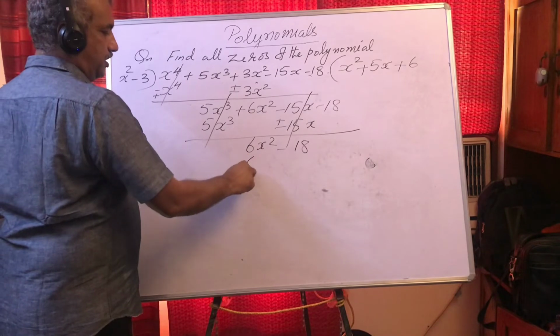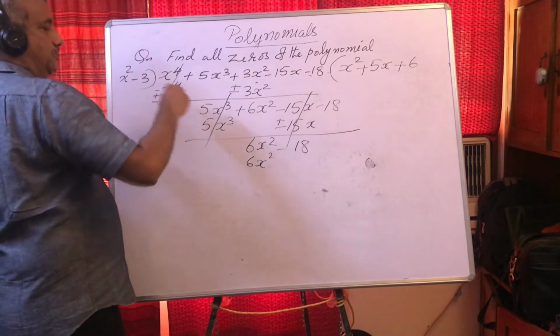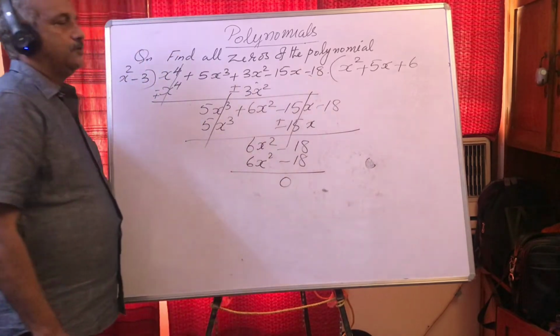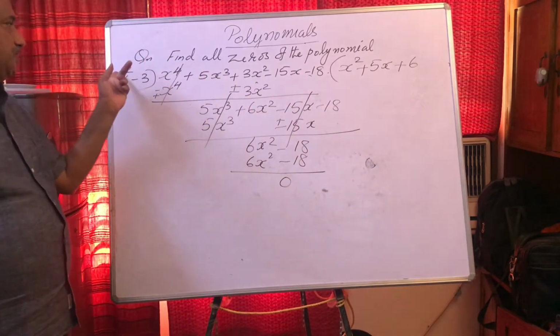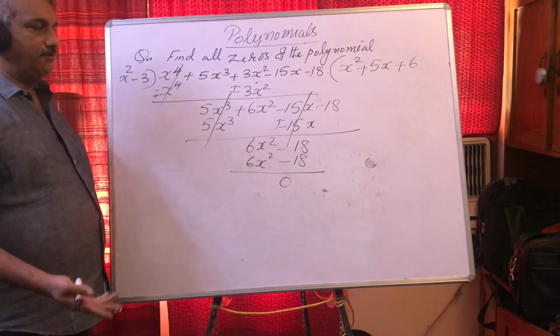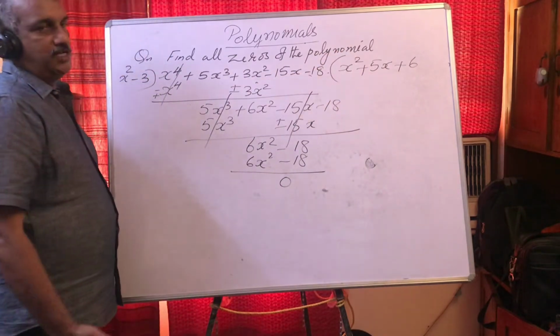So 6x square, 6 into x square, 6x square, 6 into minus 3, minus 18, 0. So when we divide this polynomial by x square minus 3, remainder should be 0 because it is a factor, and we are getting quotient x square plus 5x plus 6.